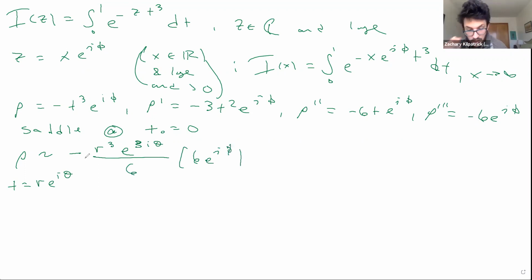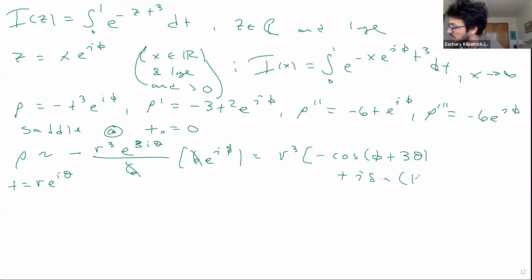Okay, so the minus sign comes from that, which we can write as just r cubed, right? We can cancel these out and use Euler's formula, and we get r cubed times minus cosine of phi plus 3 theta plus i sine of phi plus 3 theta.